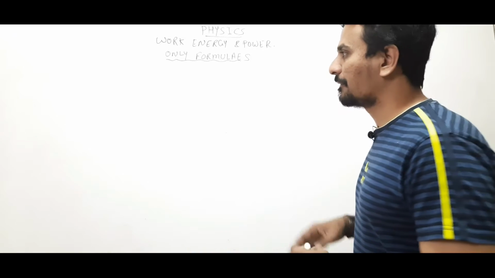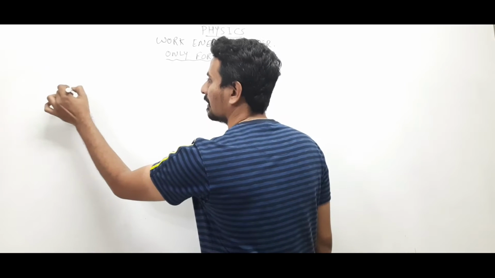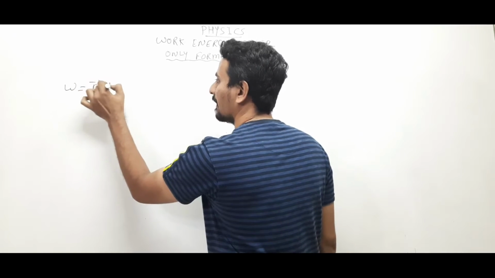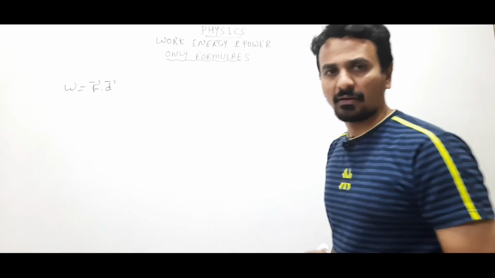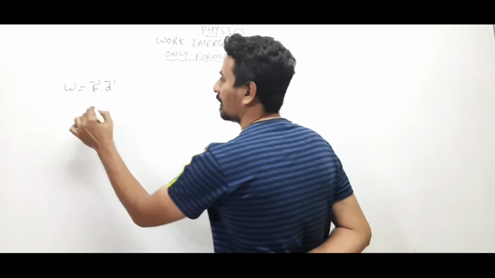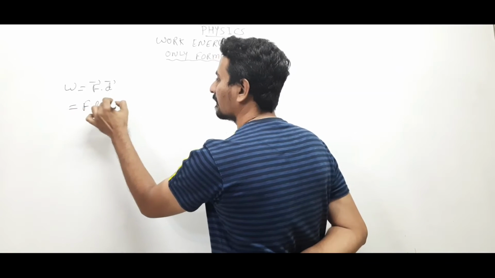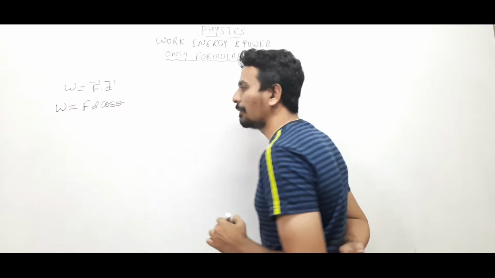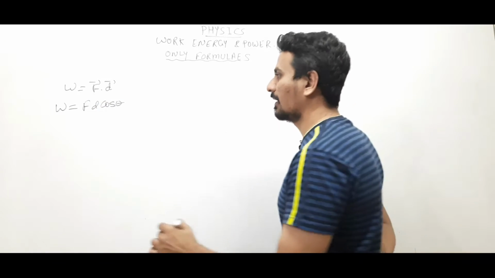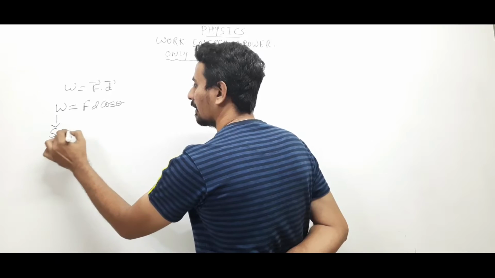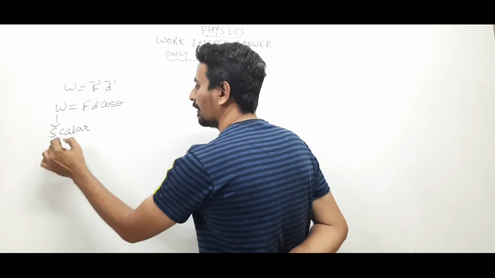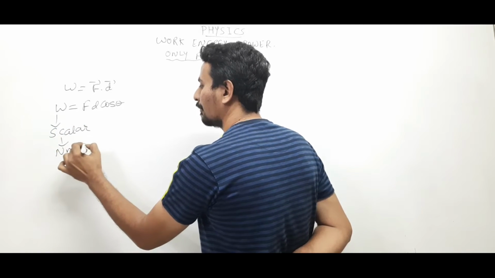See, the first one, work done is the dot product of F and D, where D represents displacement. So work done is F D cos theta, where theta is the angle between F and D. Work done is a scalar quantity. Unit of work done is Newton meter or joule.